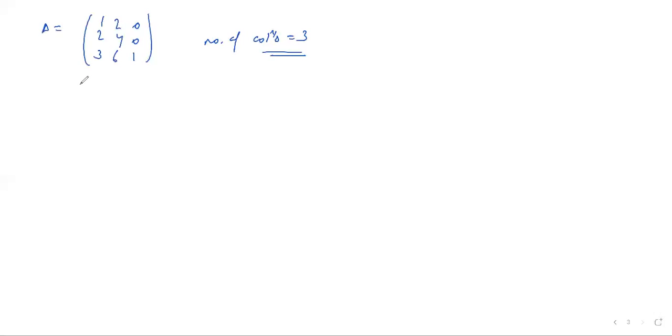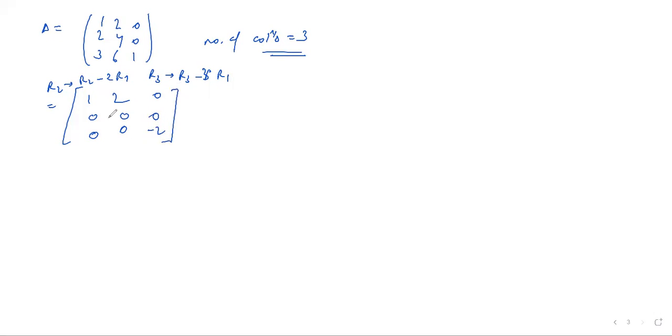Okay, let's reduce this matrix to the echelon form. We apply R2 minus 2R1, and in R3 we apply R3 minus 3R1. Okay, and we would get 1 2 3, then 0 0 0, and then 0 0 minus 2.